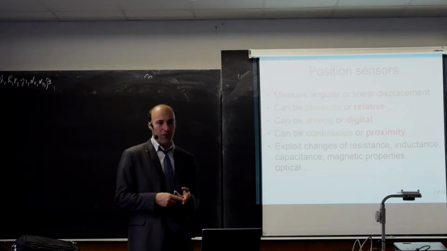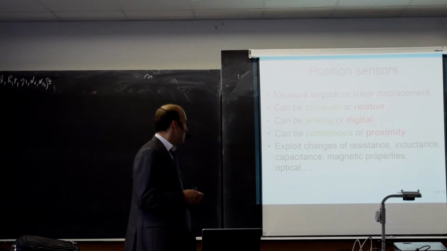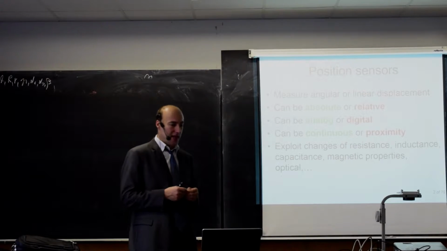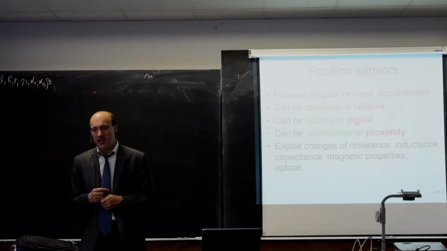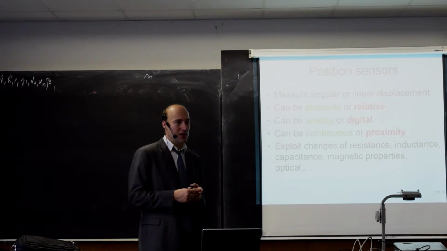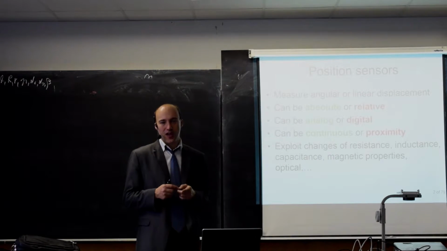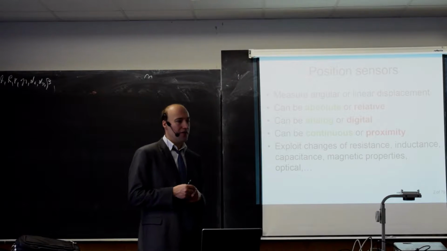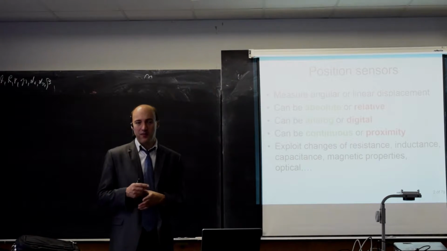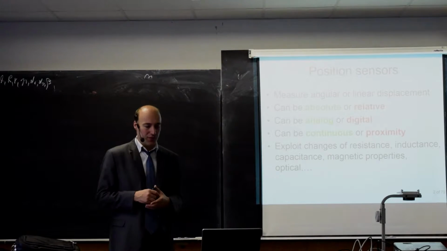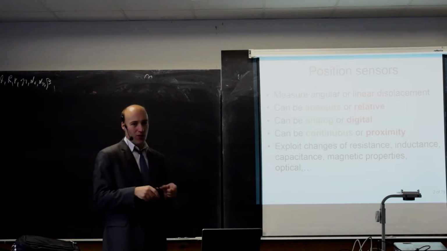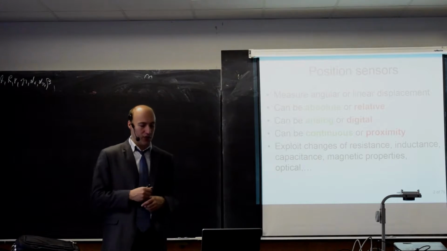Some sensors will be digital in nature, and they will have a limited resolution. This is not related to the output signal of the sensor. Even if you have an analog output signal, the sensor can be digital. Even if you have a digital sensor, the output can be analog. It can be current, voltage, or something else. So this is speaking about the principle of the sensor itself, not about the output signal.